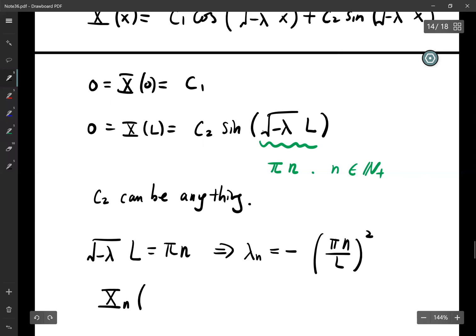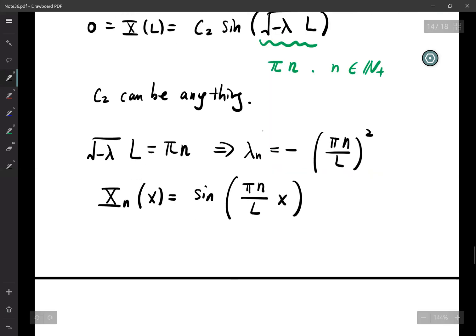Correspondingly, the solution is sine of pi n divided by L times x. The constant doesn't matter. Any question?